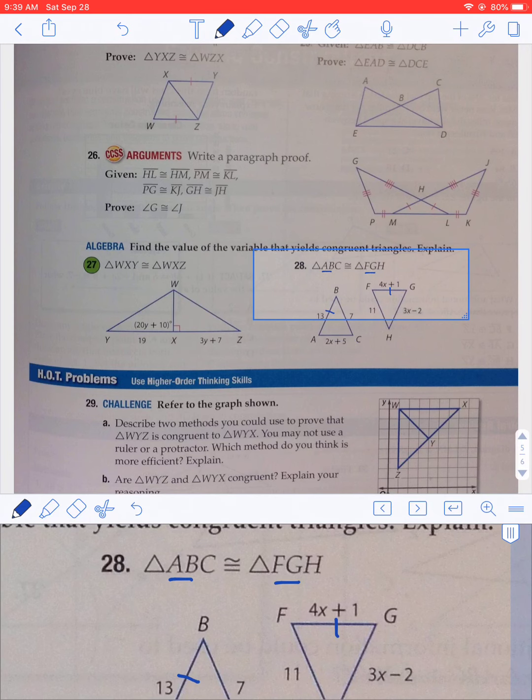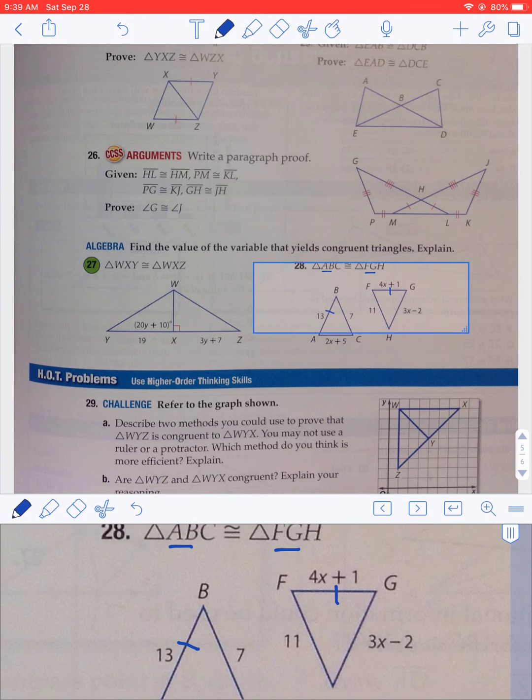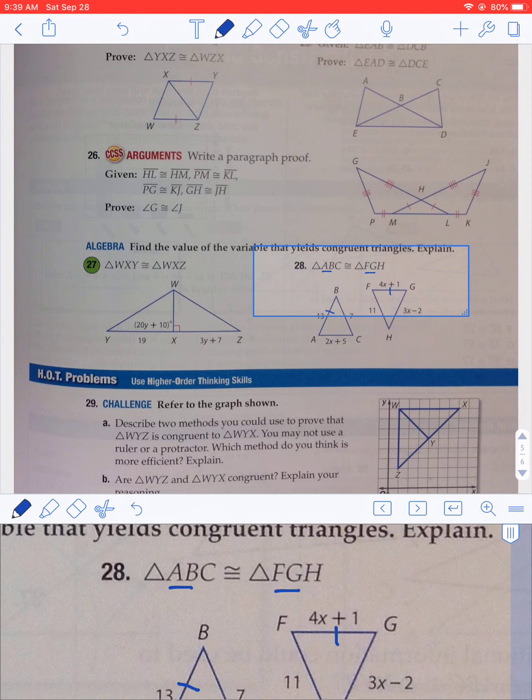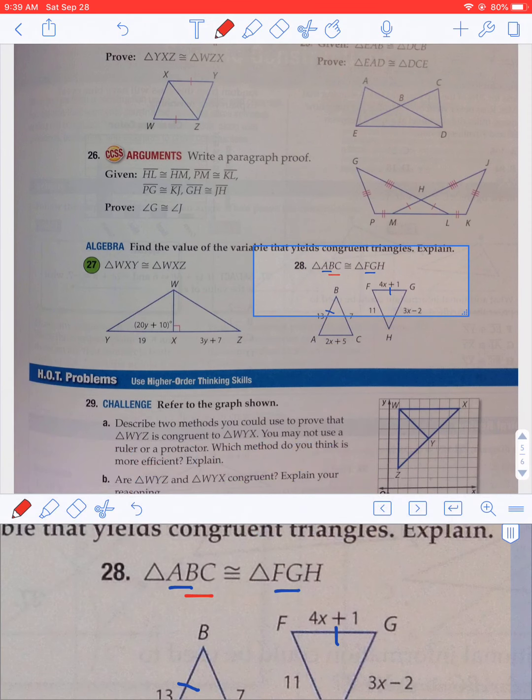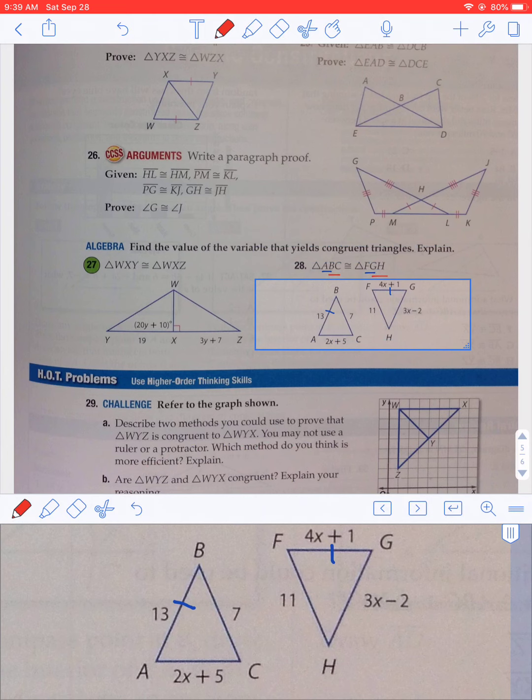So I know those are congruent. Also, I'll do a different color, I know BC is congruent to GH. So I could actually mark those two as congruent if I need to. So I'm going to put BC is congruent to GH.